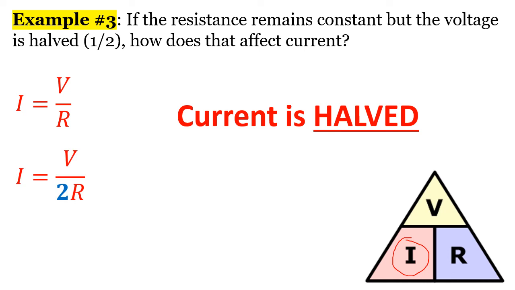Okay, kind of similar to the last one. Now, if the 2 is in the denominator on the right side, the 2 is going to be in the denominator on the left side. And there you go. So if you look, the I is being divided by 2. I, remember, is current. Current is then being halved. And that is all you need to know for today.